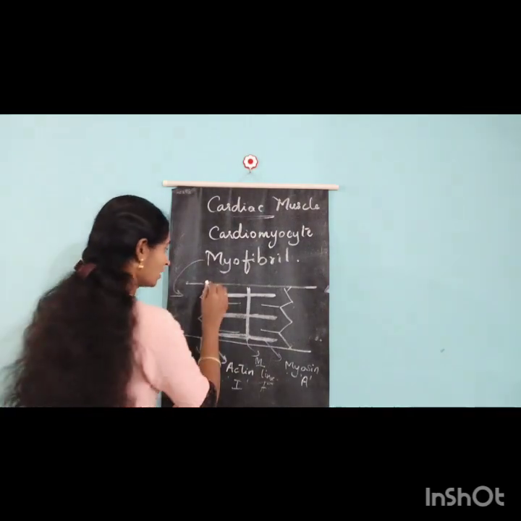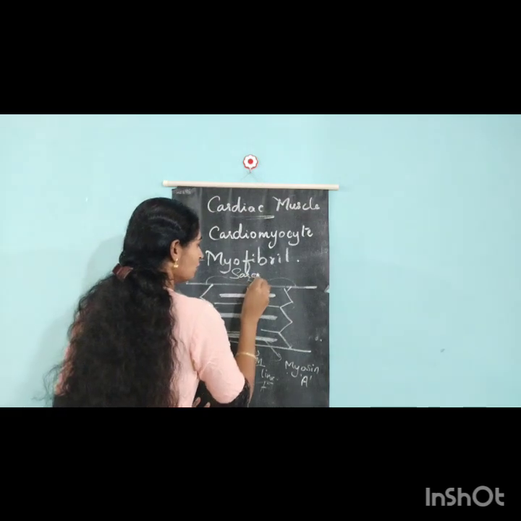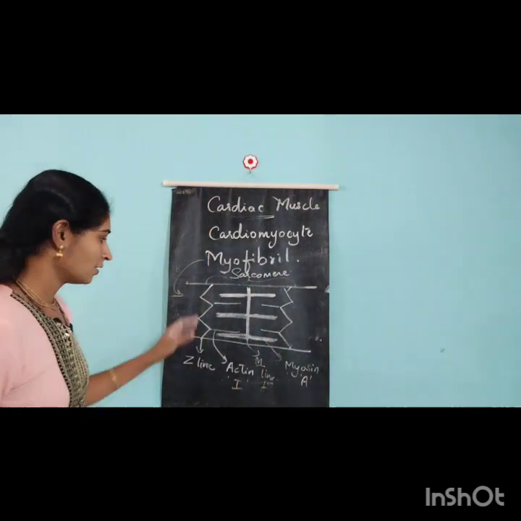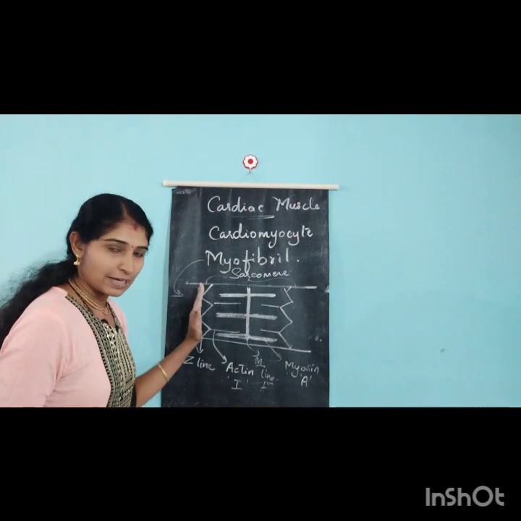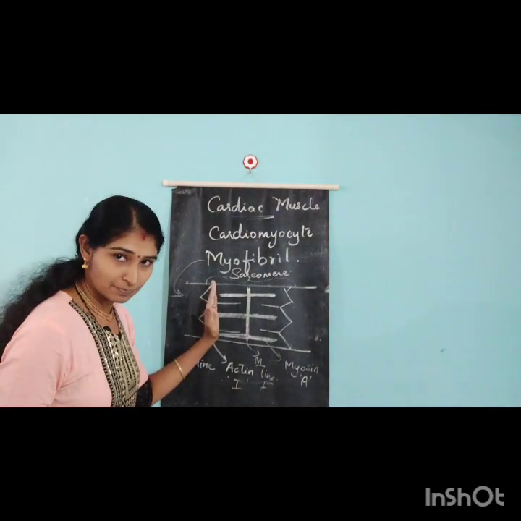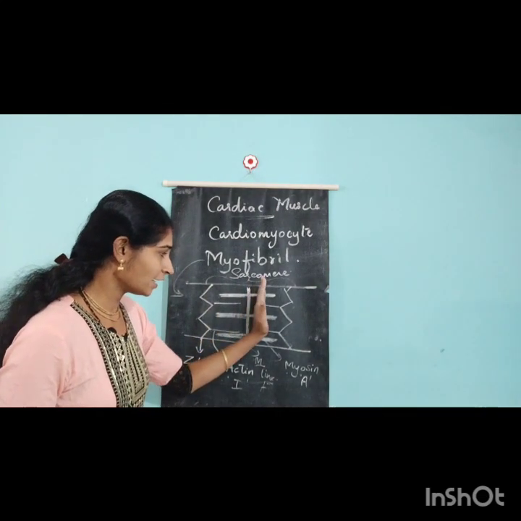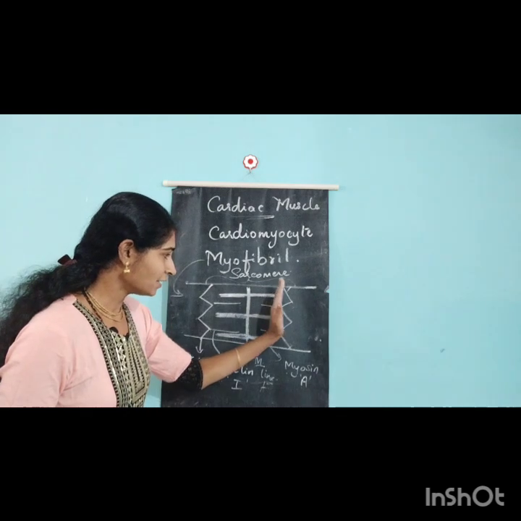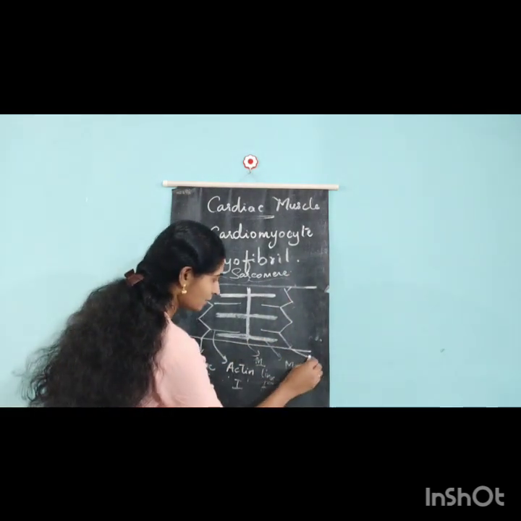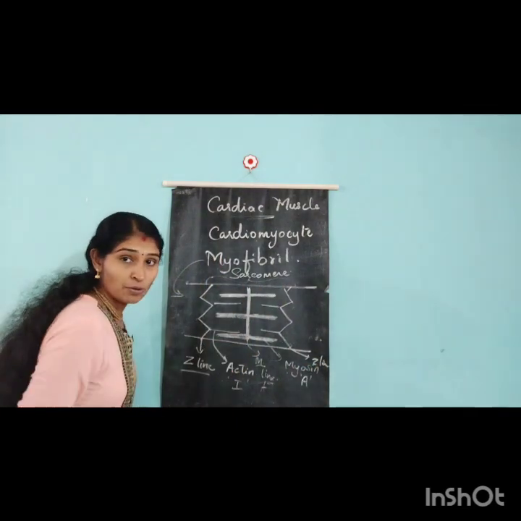Then this entire thing is what? Sarcomere. Z line or Z band, then comes the thin band, then the thick band, then M line, again thick band, thin band, then Z line. So from Z line to Z line, it is called as sarcomere.